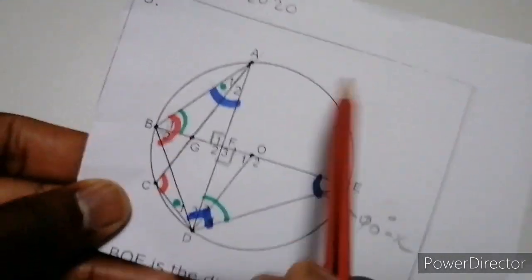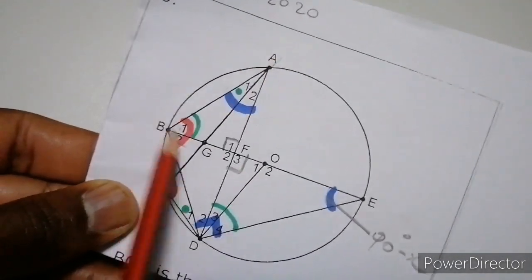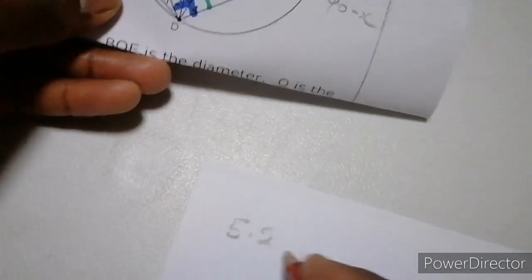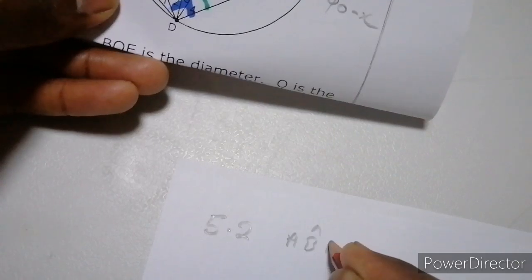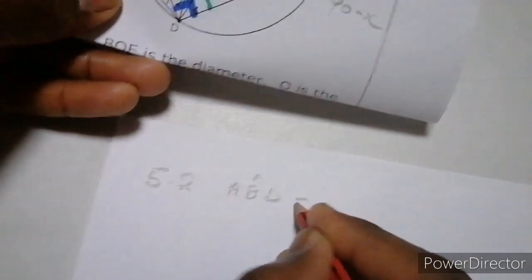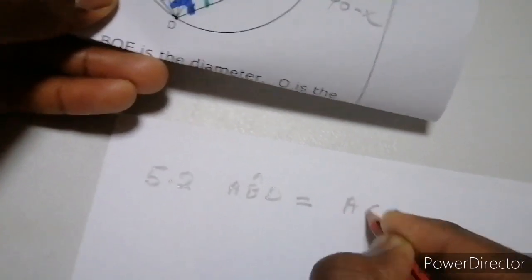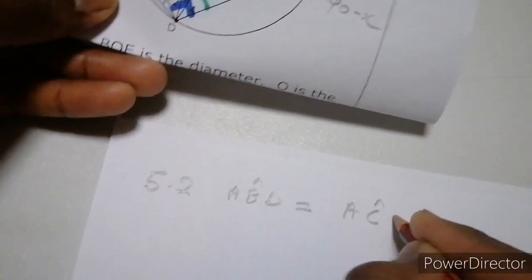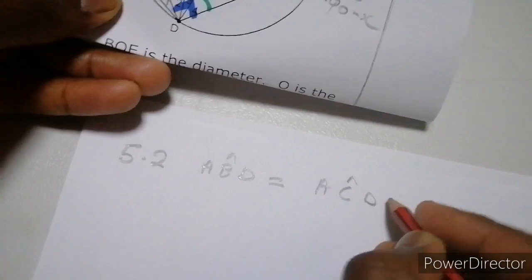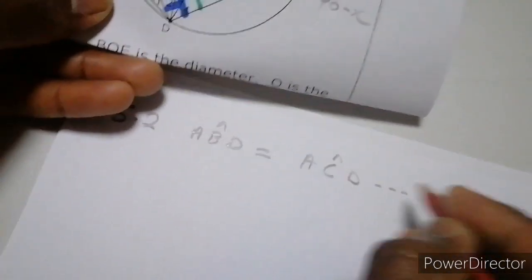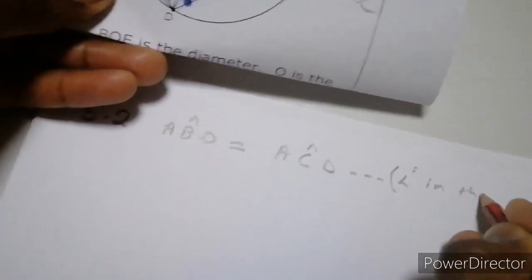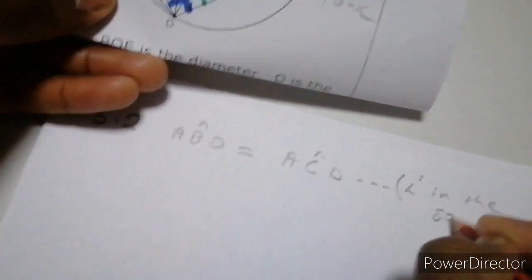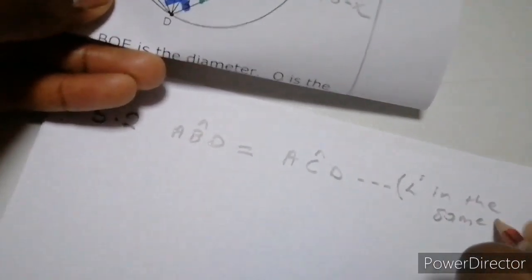Angle ABD is equal to angle ACD. The reason is angles in the same segment.